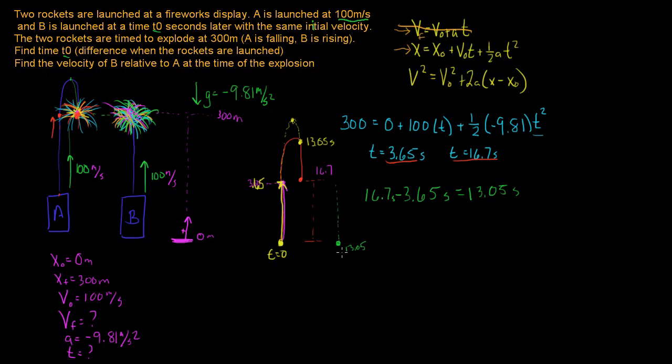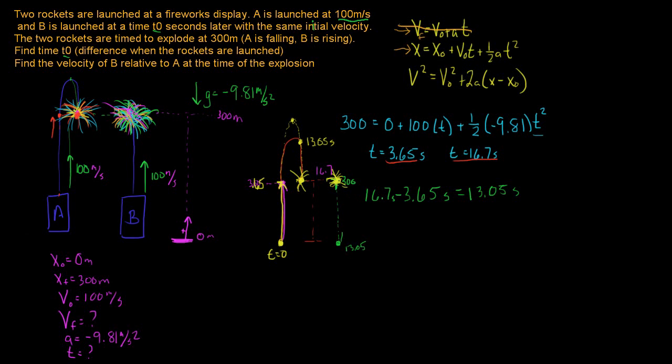So after 3.65 seconds, our second firework is 300 feet in the air. And our first firework continues to fall down, and 3.65 seconds after this 13.05 seconds, it's also at 300 feet in the air. And then they both explode, and it does what it was designed to do.